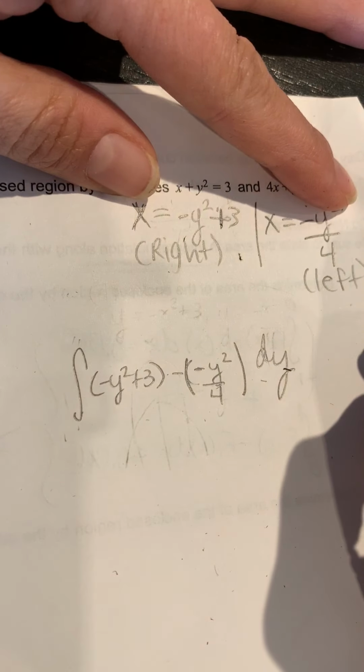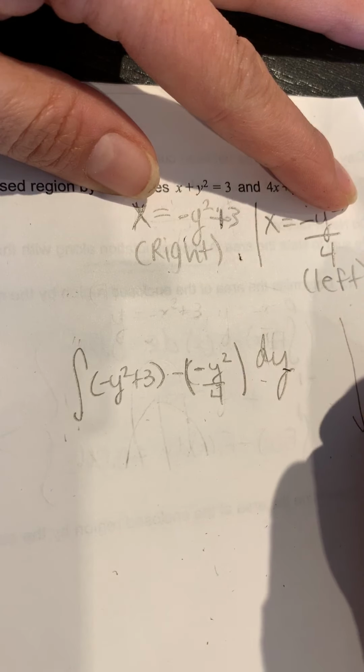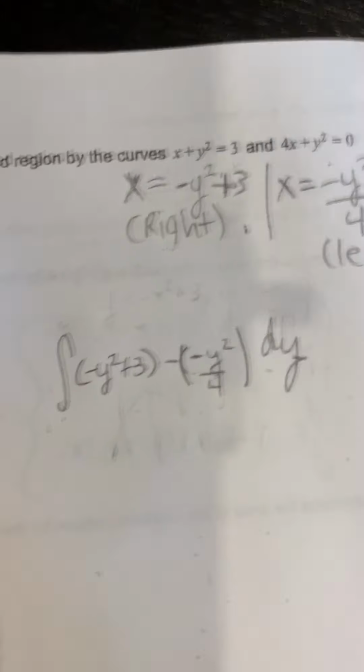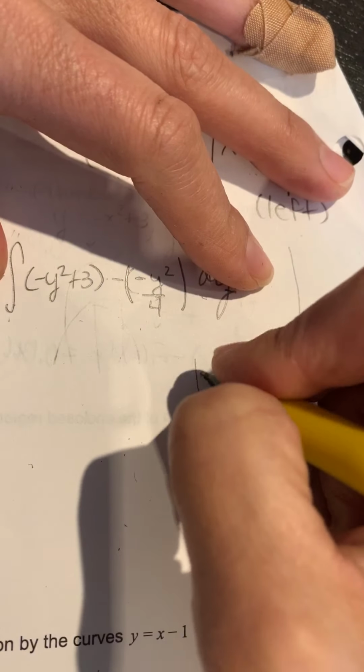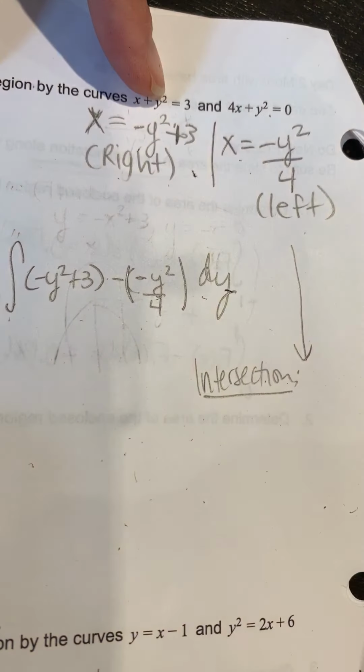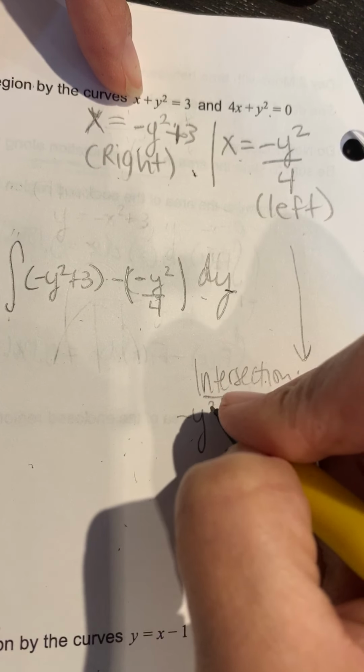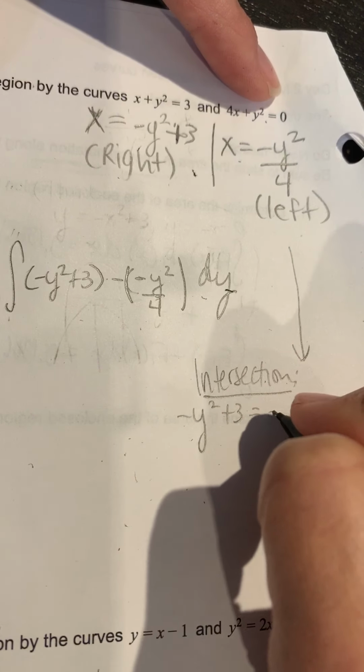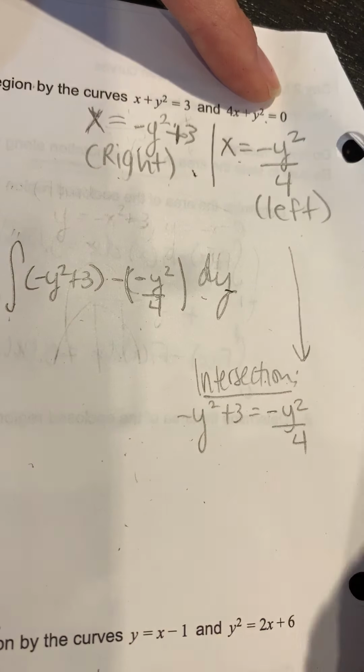So your intersection would be: I'm going to take negative y squared plus 3 equals negative y squared over 4.